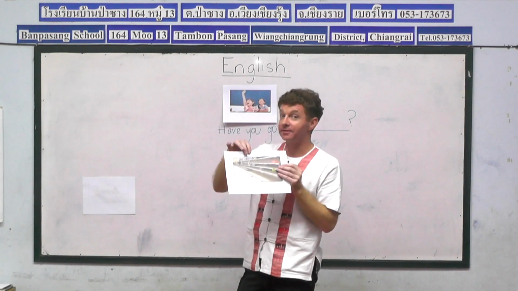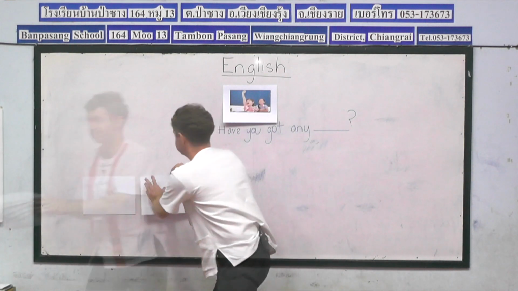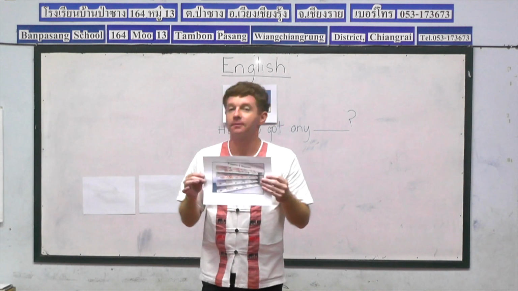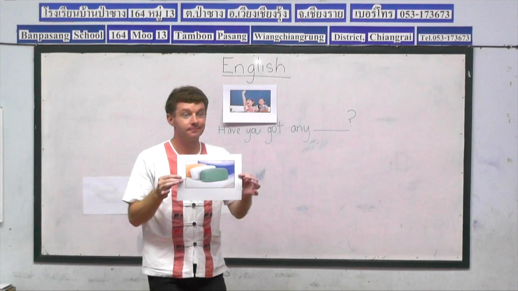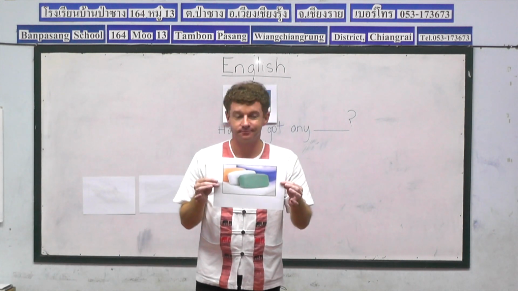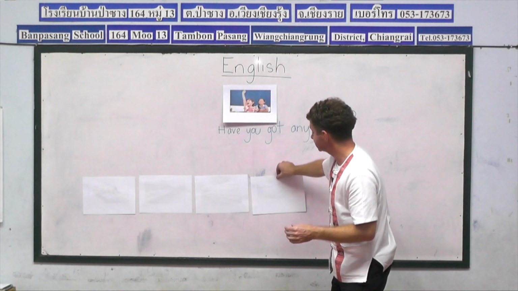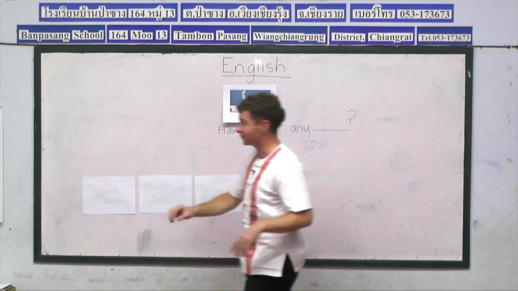Okay, so if you get this picture, you have to say, we haven't got any. Newspapers. Okay, newspapers will go here. Soap. Okay, so try to remember where the pictures go, guys. Because I call you to the front and I ask you, you have to remember.